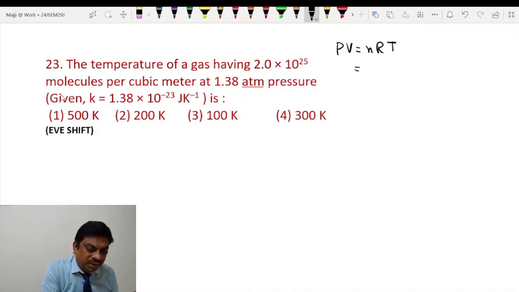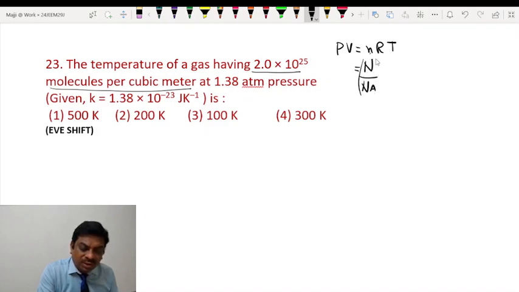Now since we have been furnished the information regarding the number of molecules per cubic meter, this n is basically number of moles. I can write this as total number of molecules upon Avogadro's number. Number of moles is equal to total number of molecules upon Avogadro's number. Also R by N is Boltzmann constant.